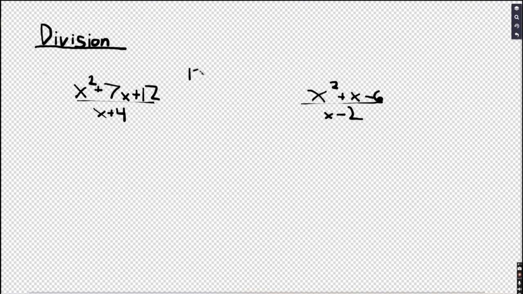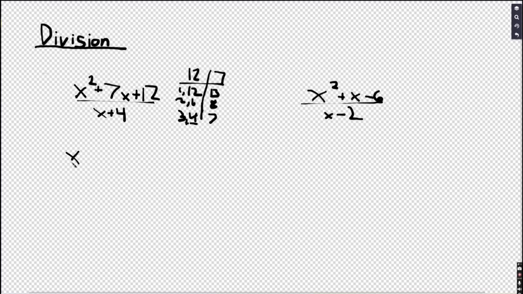Well, what are the factors of 12 that add up to 7? We got 1 and 12, which is 13, that's a no. We have 2 and 6, which is 8, that's a no. And we have 3 and 4, and that's a yes. And look at that, it has a 4.